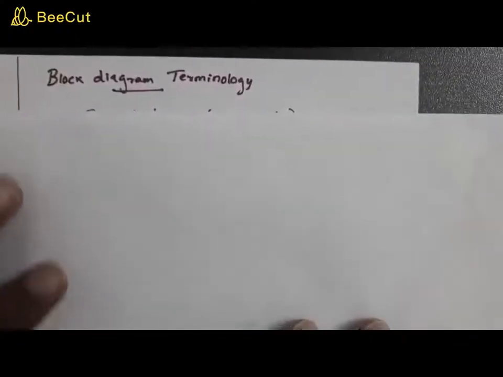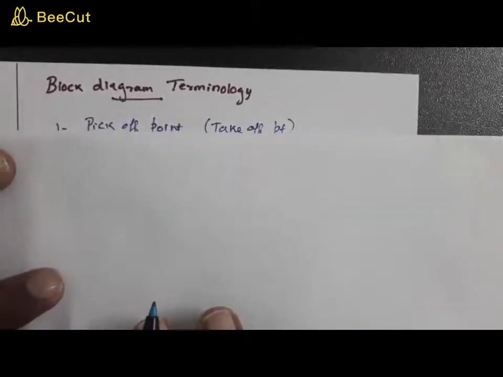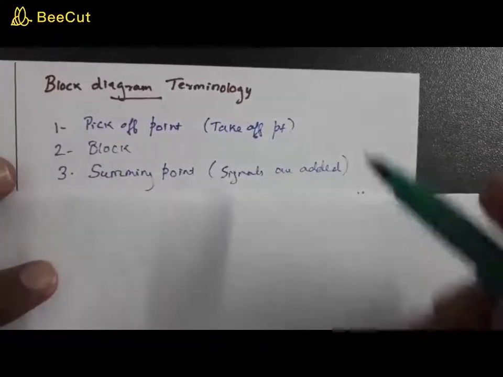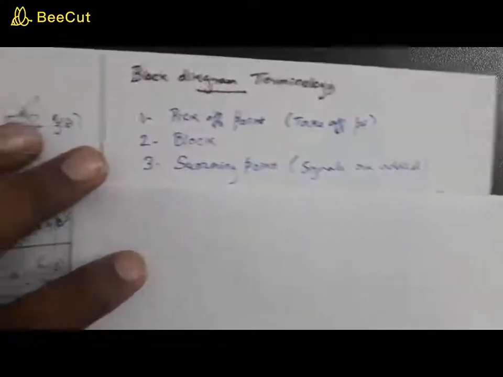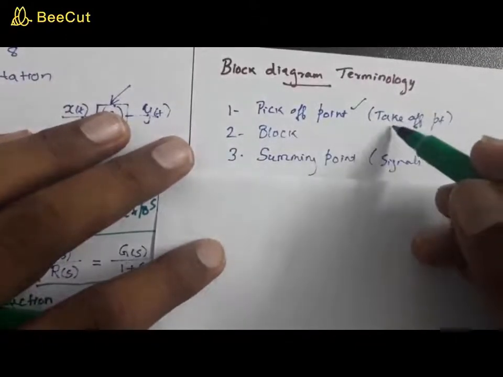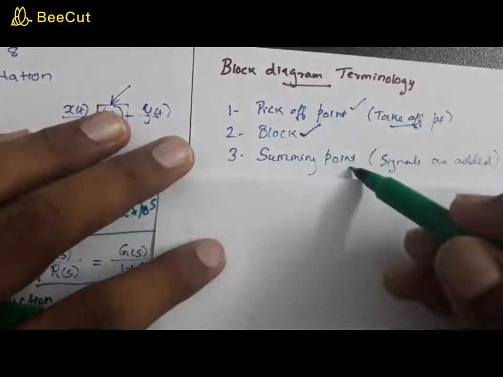Now, before going into the block diagram reduction technique, you should have some idea about block diagram terminologies. There are three important parts in a block diagram. Number one is the pick-off point, also called a take-off point. Second is a block, and the third is a summing point.